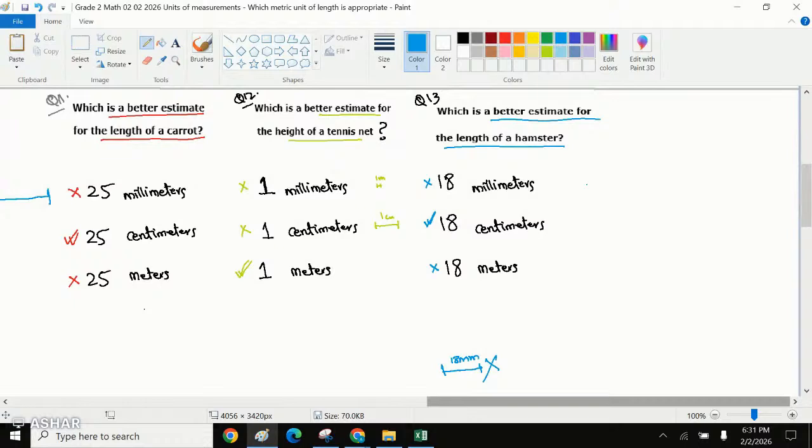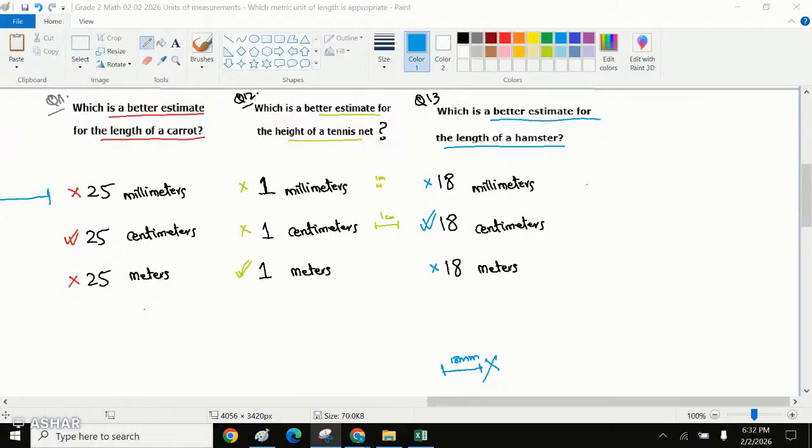No millimeter, centimeter is a better estimate. A hamster is like a small kitten. It needs to be bigger in length than 18 millimeters. Okay, I did not say cat. I said a kitten.